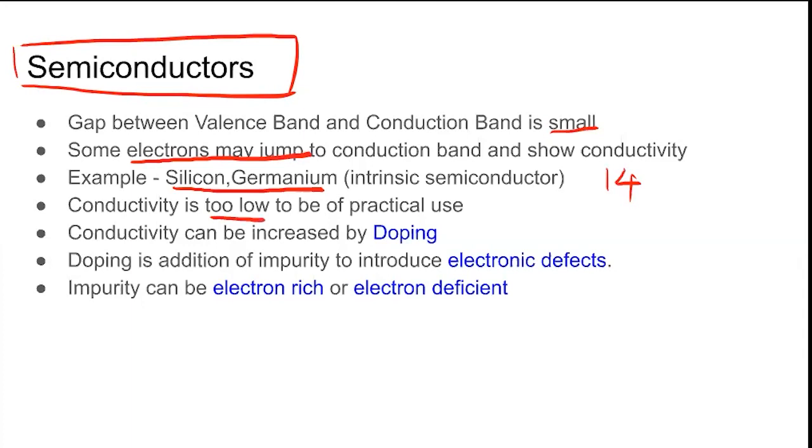By doping. What is doping? Doping is the introduction of impurity inside. And what are these impurities? They are nothing but different atoms, either of group 15 or 13, either on the right side or the left side. Depending on whether you introduce right-hand side or left-hand side atoms, we call them electron rich or electron deficient. Very simple.